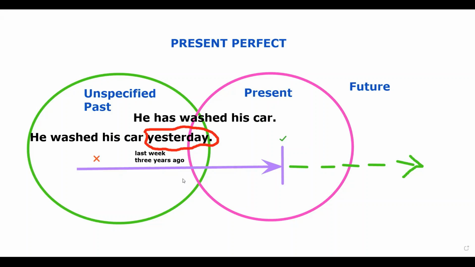So something happened in the past and finished. We don't have any evidence or connection here with present. But present perfect tense has a real connection between past tense and present tense.